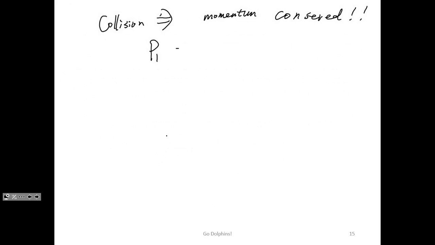Let's try to write down the equation. Momentum conservation. So the collision tells us momentum is conserved. You have initial momentum equals final momentum.